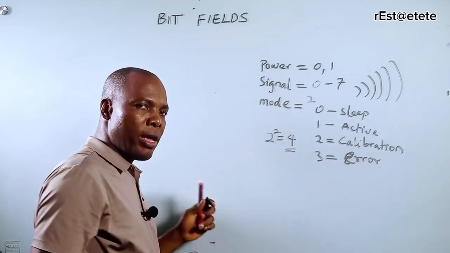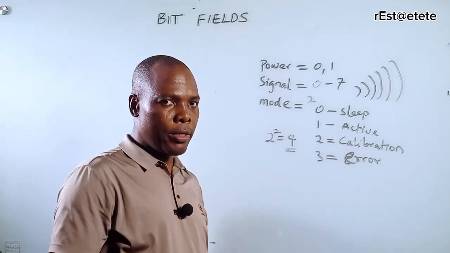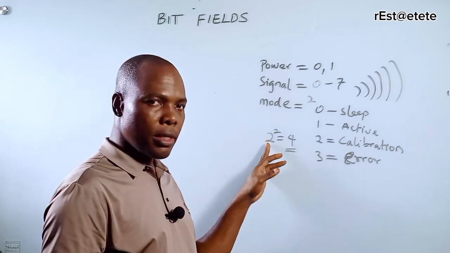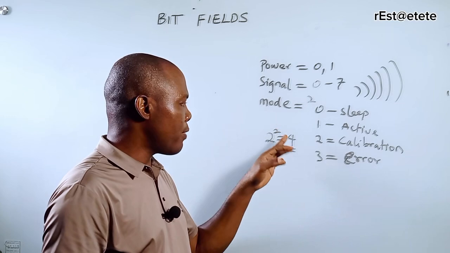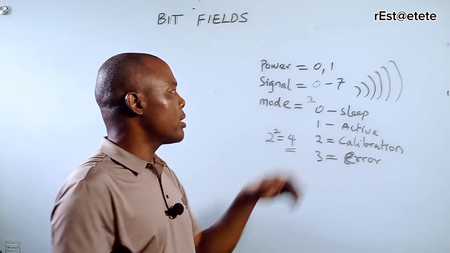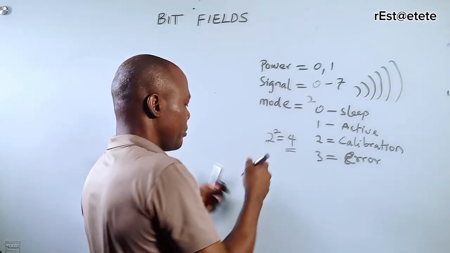So we are using the binary number system in the machine language. Eventually, everything will be converted to 0 and 1. So 2 raised to the power 2 will give us 4 values, which means I need only 2 bits for mode. For the signal, to achieve this, I need 3 bits.